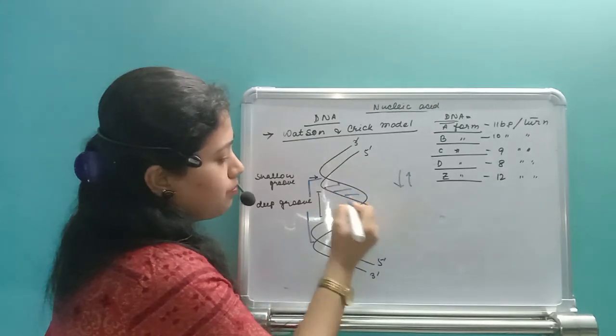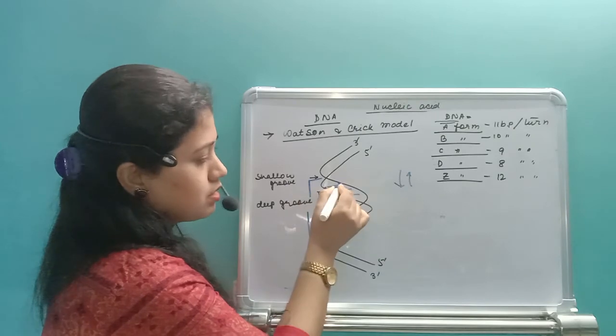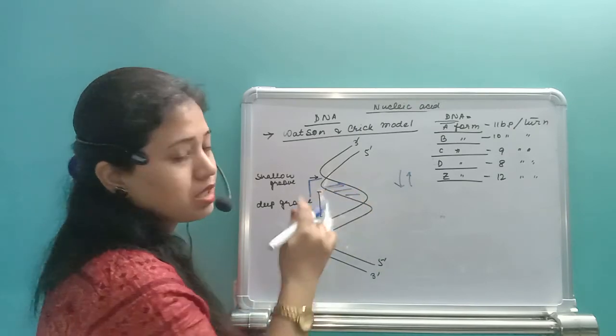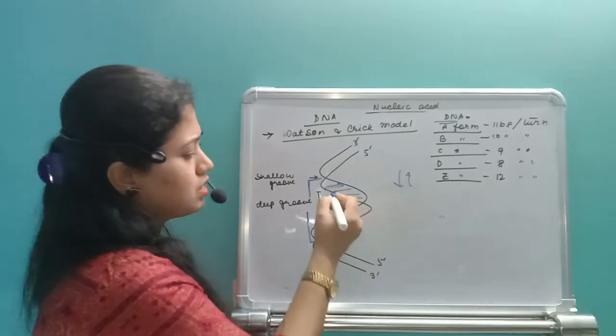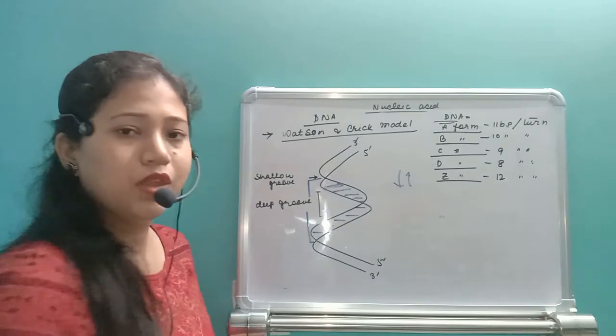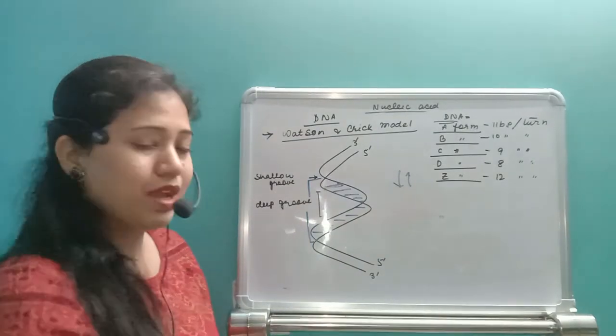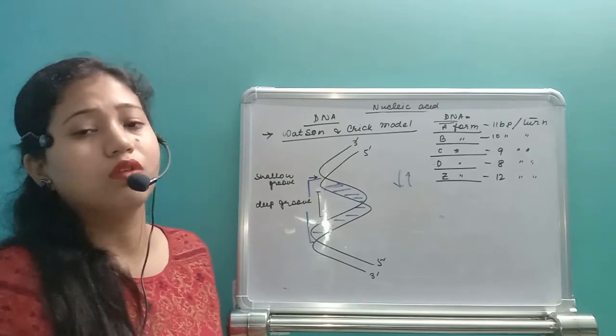So suppose we have 10 base pairs. This is one base, this is another base. By hydrogen bond, they make a pair. So how many base pairs are there? Suppose it is 10: 1, 2, 3, 4, 5, 6, 7, 8, 9, 10. So here 10 base pairs are present in one turn or one coil or one spiral.